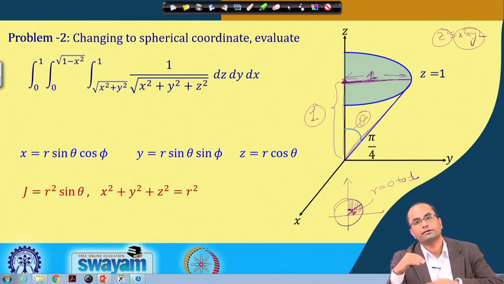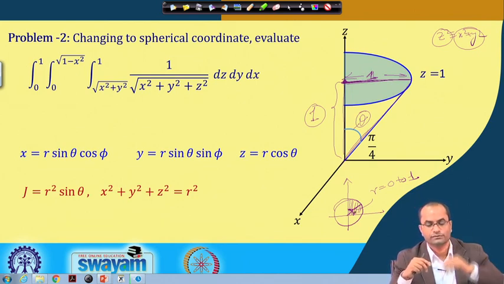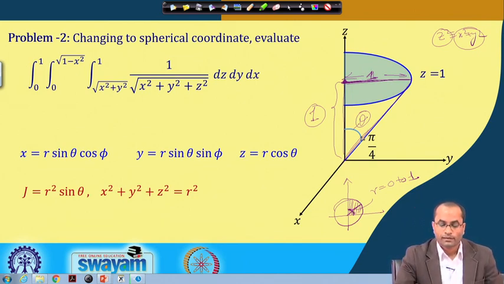So, once we have covered this one direction as discussed before, now in the direction of z, we have not discussed for the z here. So, the limits of this z will be from the cone to this z is equal to 1.